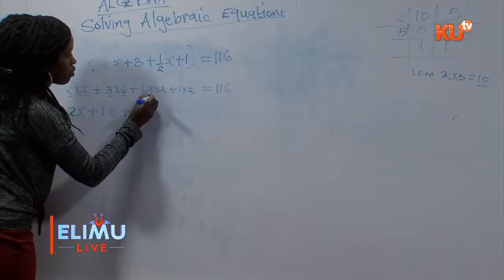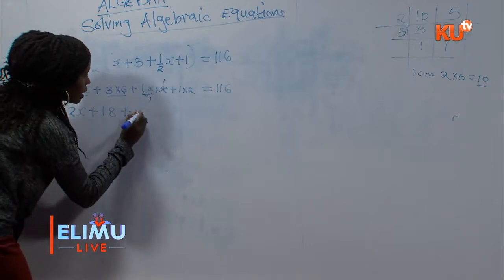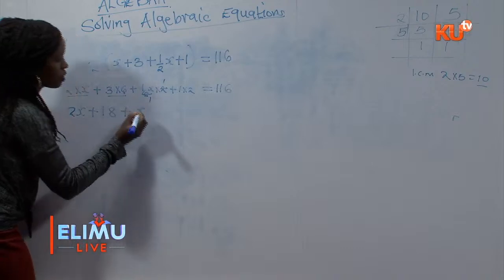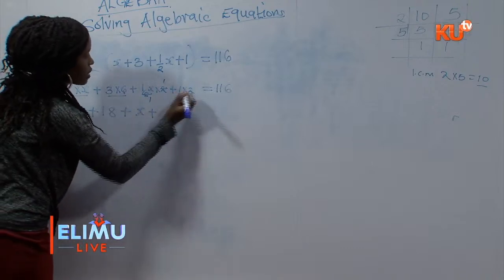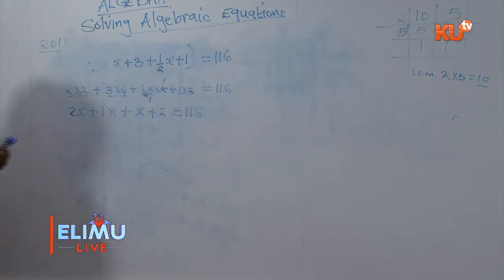Here we can simplify 2 by 2, 1. So 1 times 1 is 1, so we get x plus 1 times 2 is equal to 116.